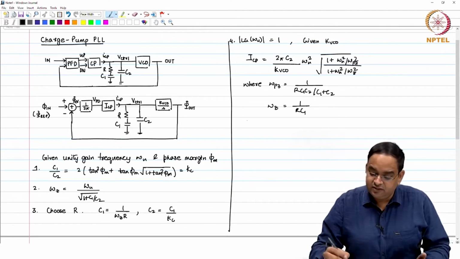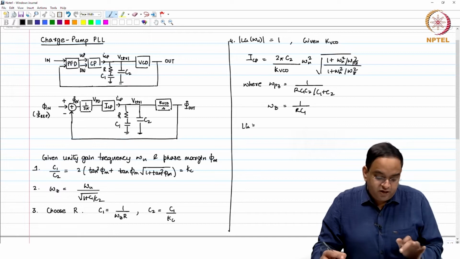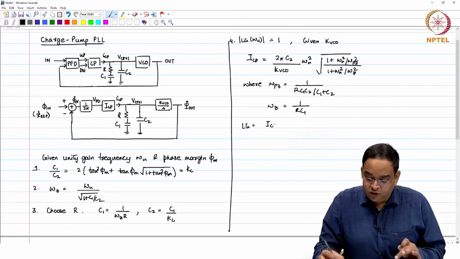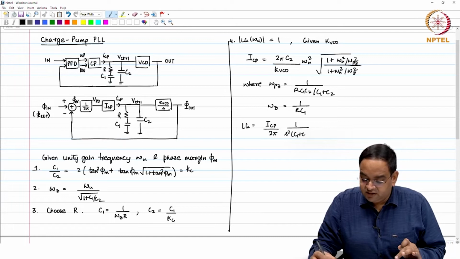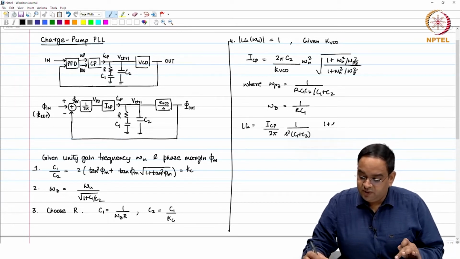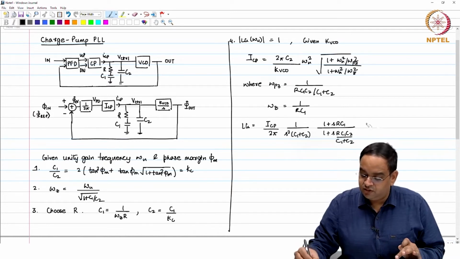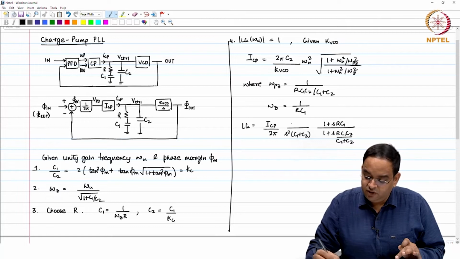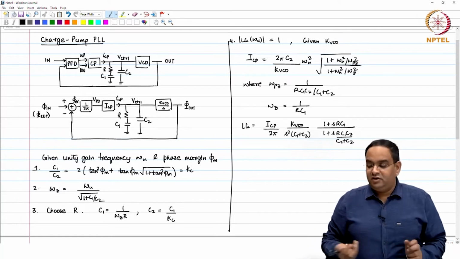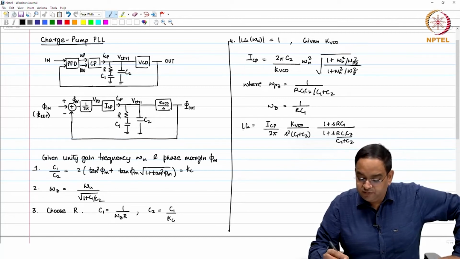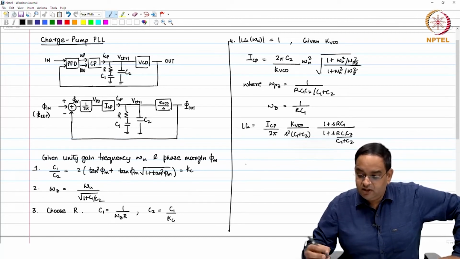If you wonder how you get this equation, well, just reminding you, the loop gain of the PLL is equal to ICP by 2 pi into 1 by s square times C1 plus C2, times 1 plus sR C1, whole divided by 1 plus sR C1 C2 by C1 plus C2, into KVCO. So, I will just write KVCO here. What we are doing is making the modulus of loop gain at omega u equal to 1.